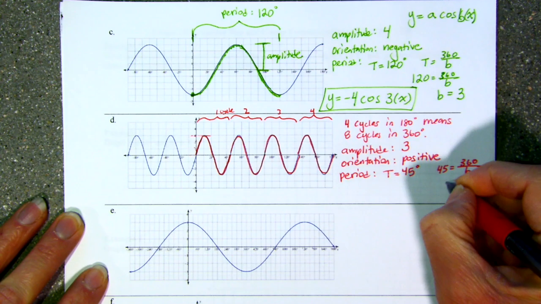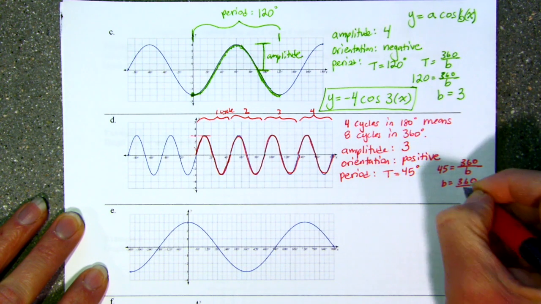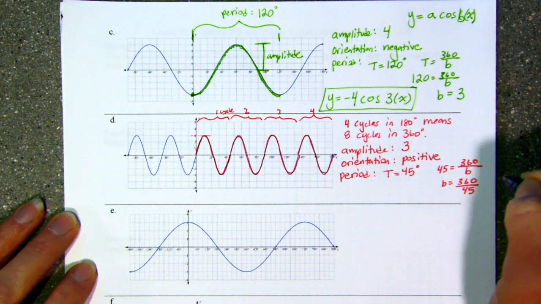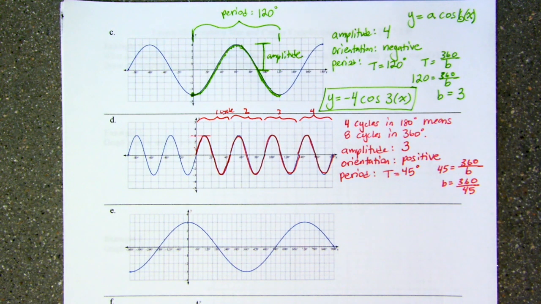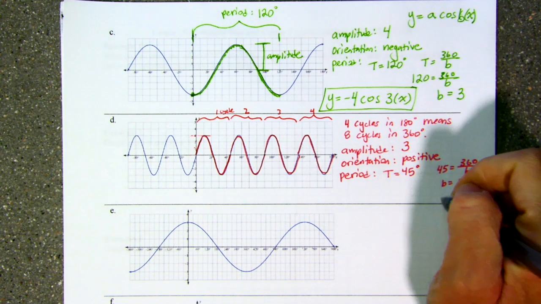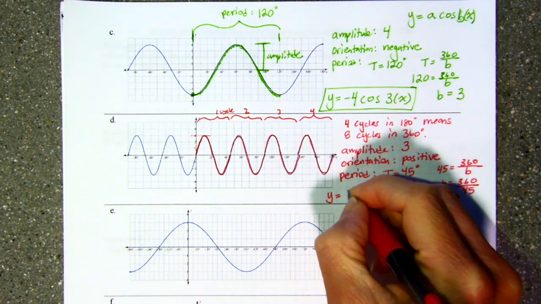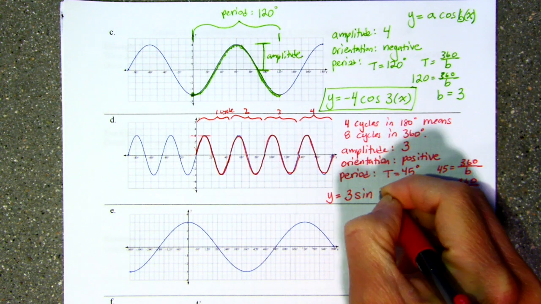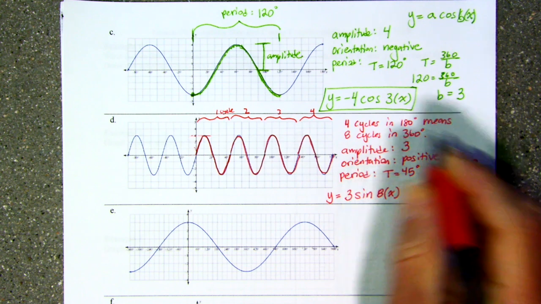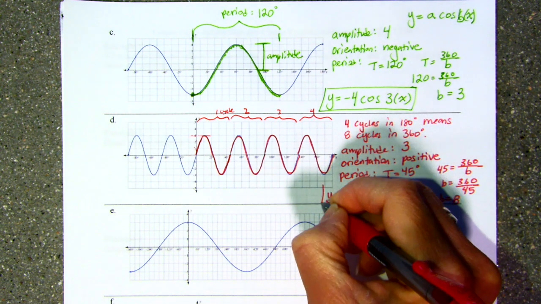So in other words, b is equal to 360 divided by 45. And 360 divided by 45 gives us, I believe, 8. Let's see. Yes, it is 8. So b is 8. So we have an equation y is equal to 3 sine of 8x. And it's positive orientation. Yes.